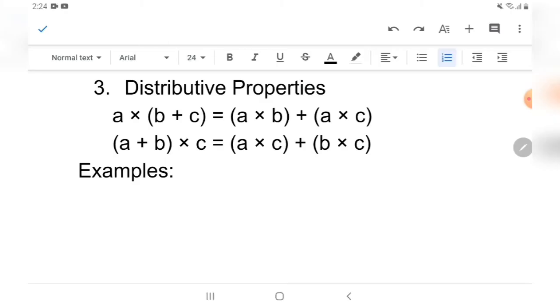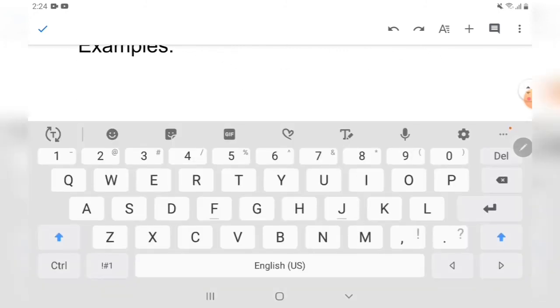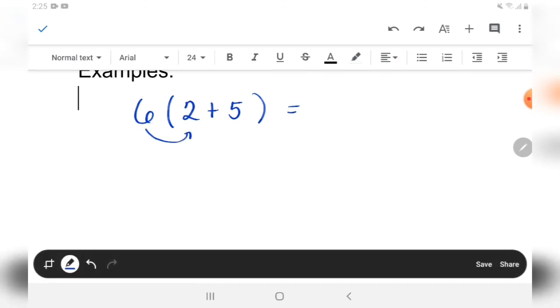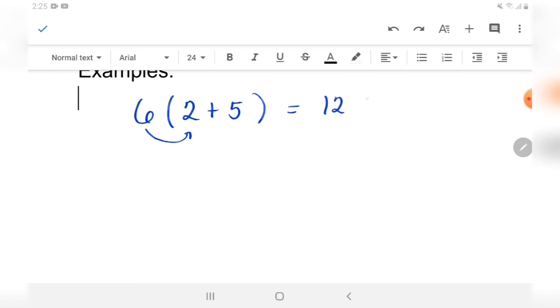Next, another example. Another example, like 6 times 2 plus 5 is equals to distribute 6 times 2, that is 12, plus 6 times 5.